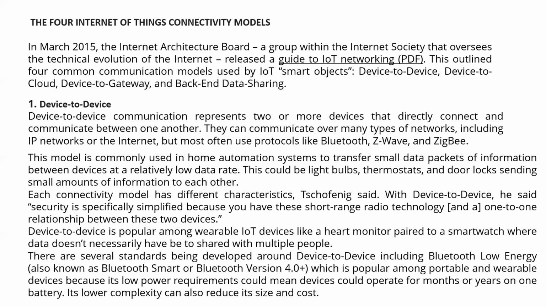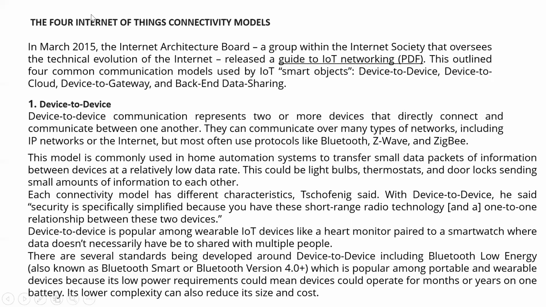There are four such models: device to device, device to cloud, device to gateway, and lastly backend data sharing. Backend data sharing is also called device to cloud, directly device to cloud.